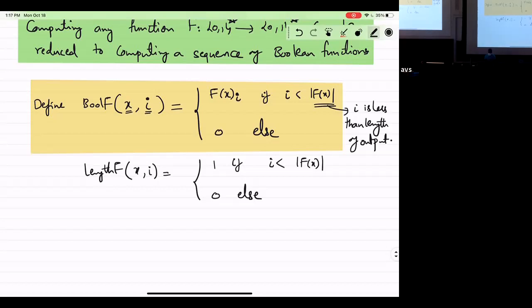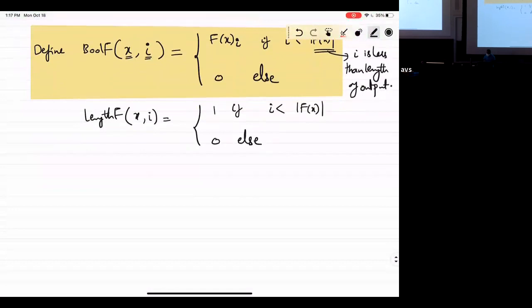So if I have these two things, I can simulate the original function capital F using these two pieces, right? So imagine you're writing some program where I gave you a library which has these two things implemented, okay?